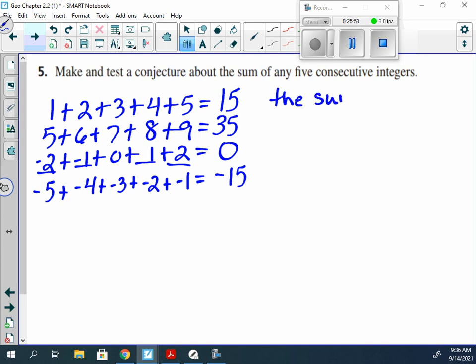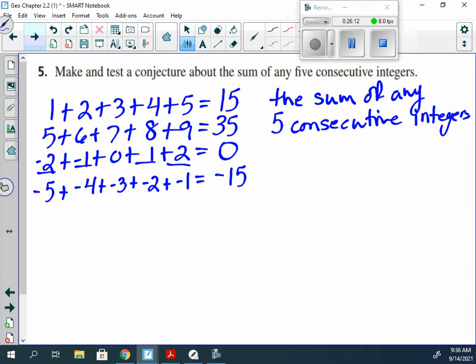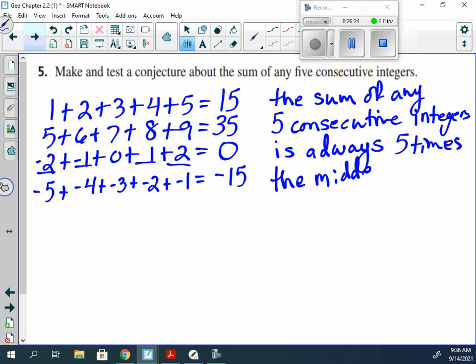The sum of any 5 consecutive integers is always 5 times the middle number.